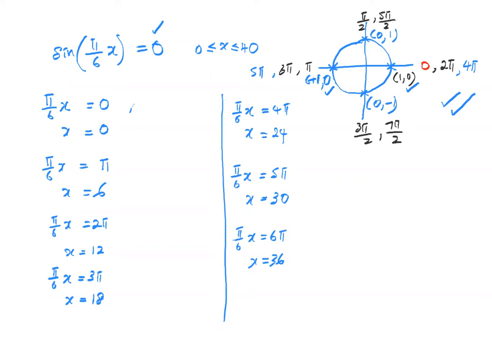So you can start to calculate your y by yourself. If I need to solve this, for example, like that: cos pi by 3x equal to negative half, other than 0, negative 1, or 1.